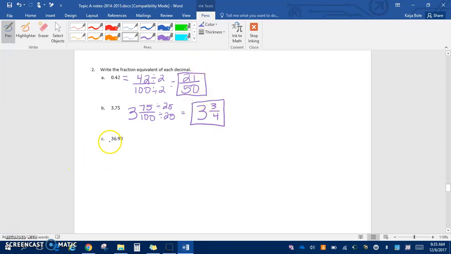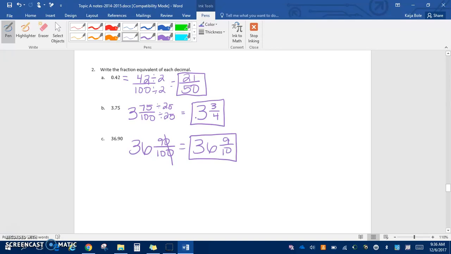Okay, and then our last one here, again, we're going to have a mixed number. So we'd have our 36 as our whole number. And then here, because of that 0, this now is in the hundredths, so that would be 91 hundredths. And then if we're going to simplify, we can use our 0 trick by just crossing those 2 off. So we would get 36 and 9/10, which we cannot simplify anymore.